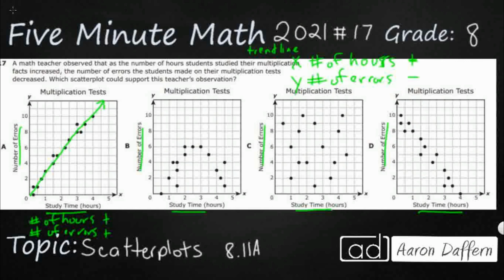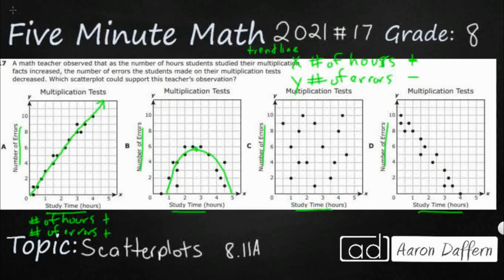Now look at B. It does kind of have a little relationship. You almost see an arch here, right? So it kind of peaks right here. So this is not a linear relationship, but there is a relationship here. It's kind of strange because as the number of hours increases, the number of errors increases until you get to about 2.5.